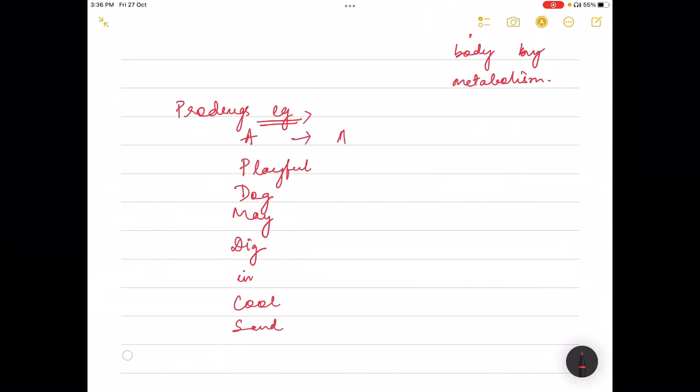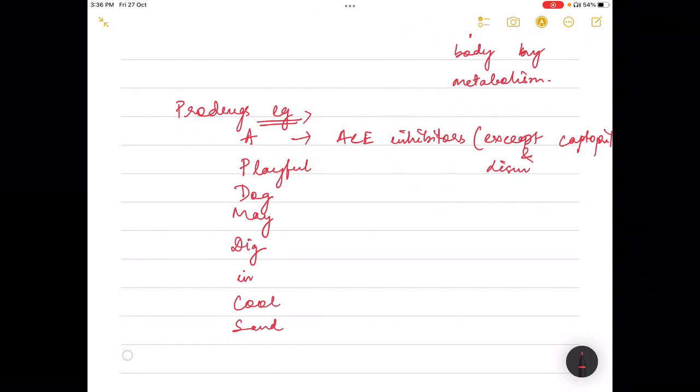So for A, we'll remember ACE inhibitors, except two drugs, that is captopril and lisinopril. For P, we will remember proguanil, PPI, and prednisone.